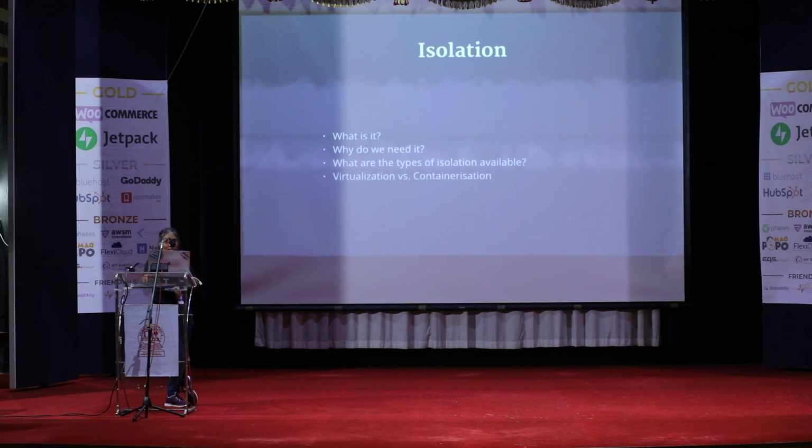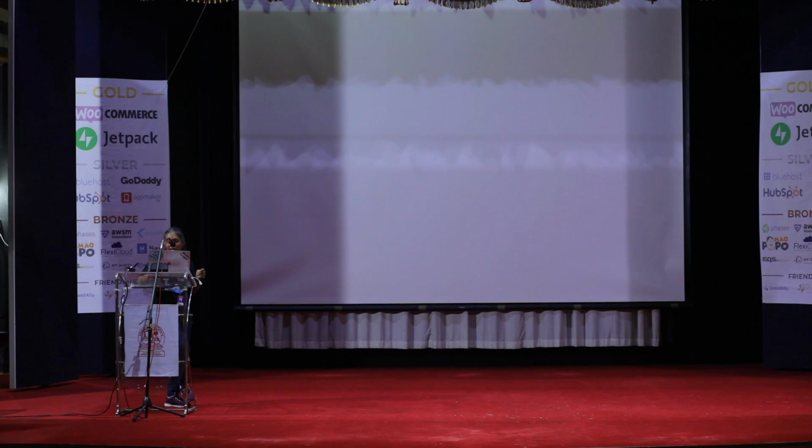So why do we need it? I think I've been elaborating again and again on that. What are the types of isolation available? There's virtualization and containerization. For virtualization, Vagrant is used, and for containerization, Docker has really picked up speed, and the world is moving towards it.